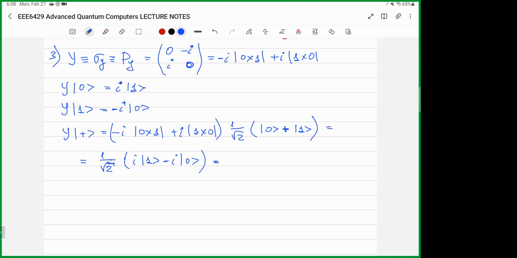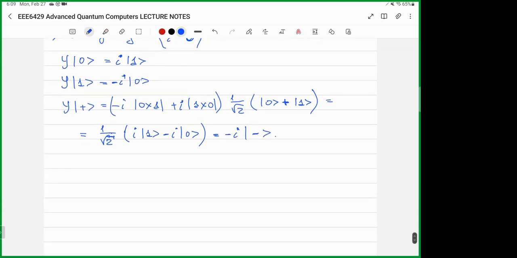Okay, I can take the I out from the parenthesis and also minus 1, so I'll get minus I and state minus.